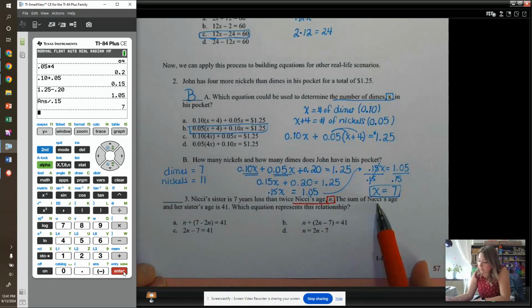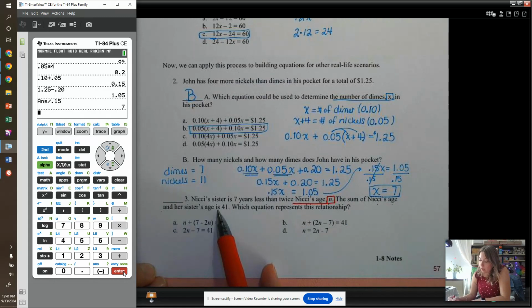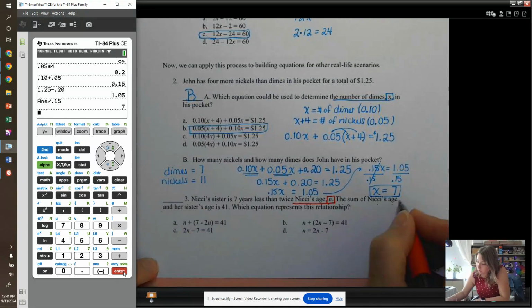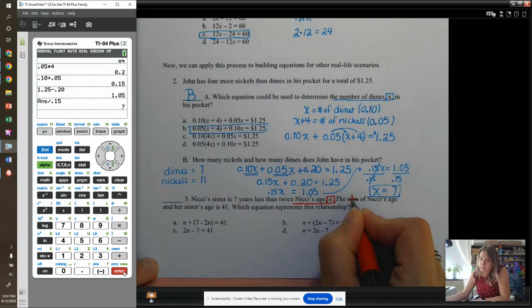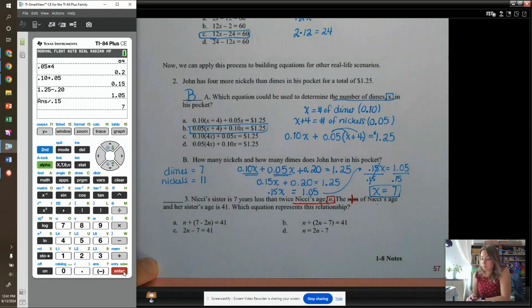The sum of Nikki's age and her sister's age is 41. Sum, going to give you a little hint, is addition to get a total. Which equation represents this relationship?